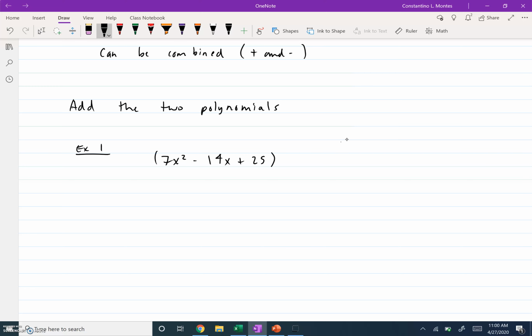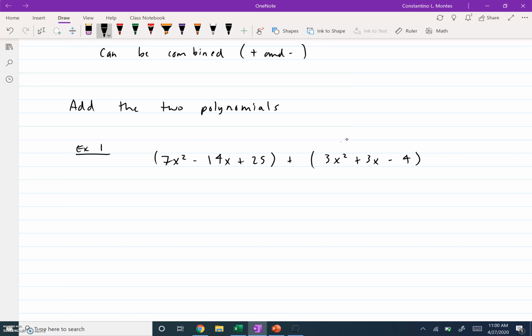We're going to add that to 3x squared plus 3x minus 4. We're actually going to go ahead and do this in the very same way that we tend to add numbers.